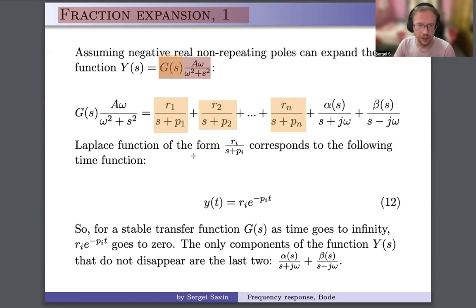Here, those p are poles, so roots of the polynomial in the denominator of G(s), right? That is what p are. Those r1, r2, rn are residues, residue coefficients, you can say. Those are coefficients that appear because we apply fractional expansion, right?